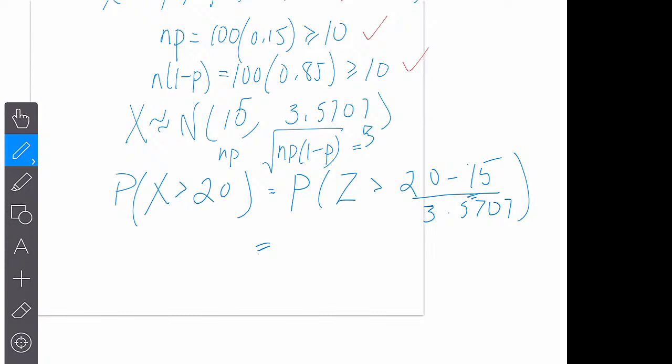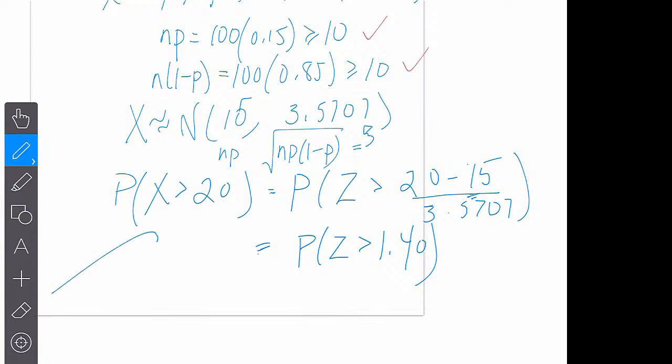And so I get that this is P of Z greater than 1.40. It's only 2 decimal places in the table, so I look that up.